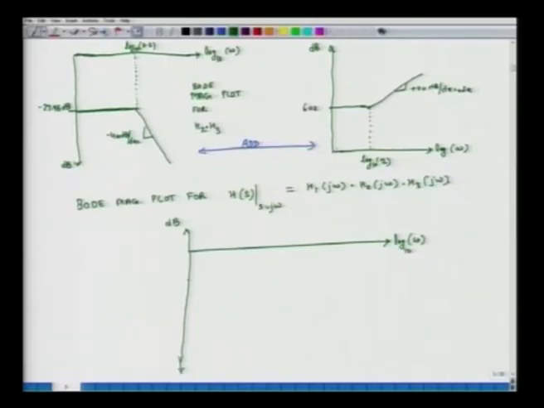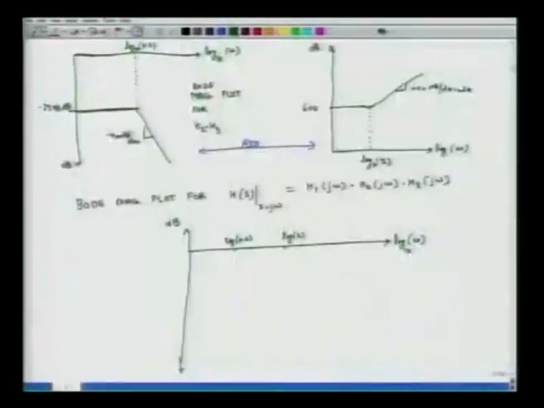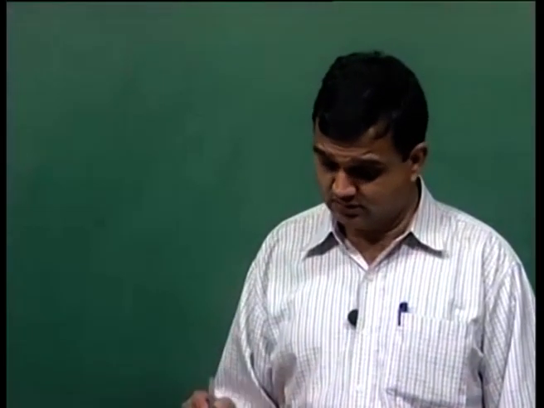Let us say this is log of 0.2, this is log of 2, and up to this point I just add two horizontal lines. One line is plus 6.02 decibels away from the x axis, the other line is minus 27.96 decibels away from the x axis.